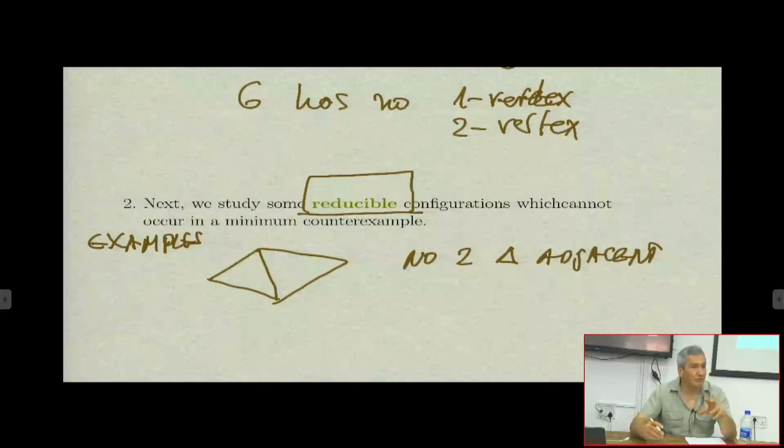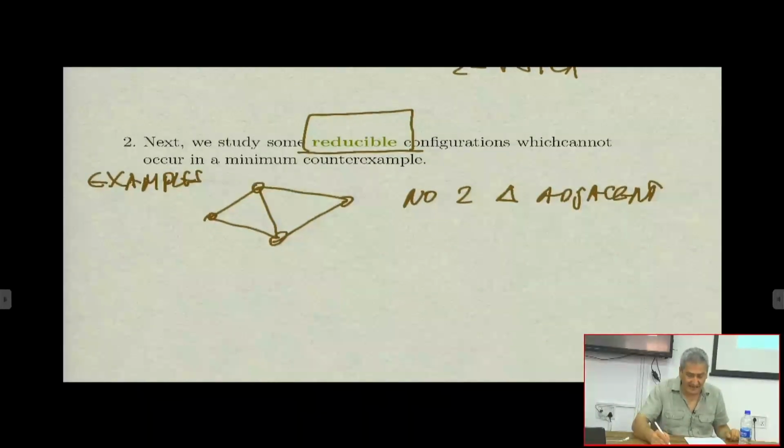And we have to prove this. We prove, maybe in 10 lines, 15 lines, and so on, that for our coloring, our counterexample doesn't have such a configuration. Or maybe other examples: we don't have 2, 3 vertices adjacent, or maybe even 3, 4 adjacent.